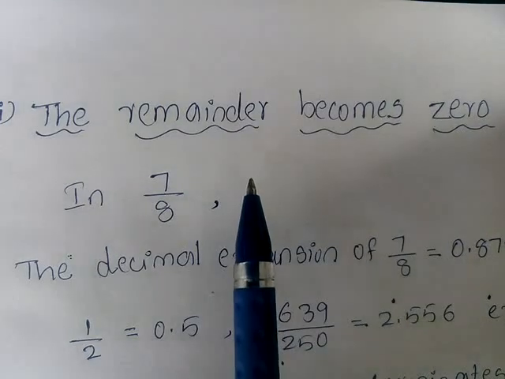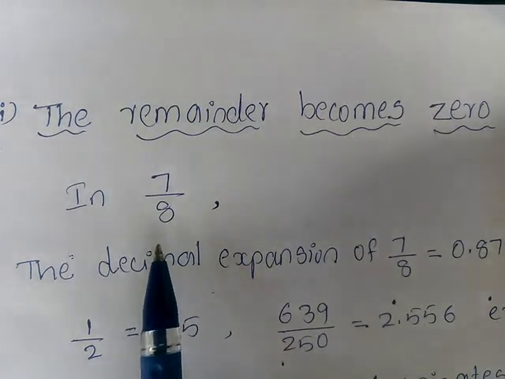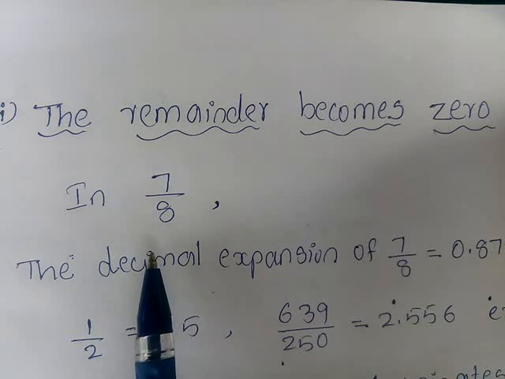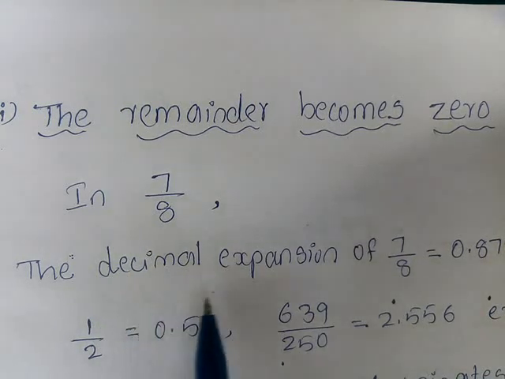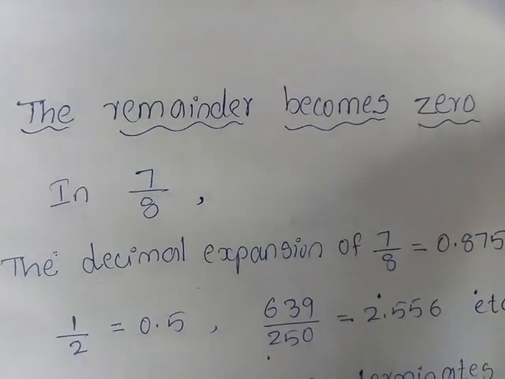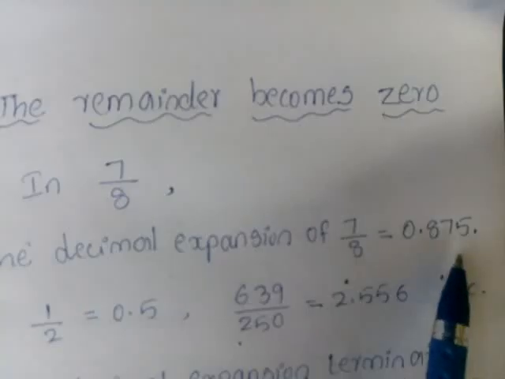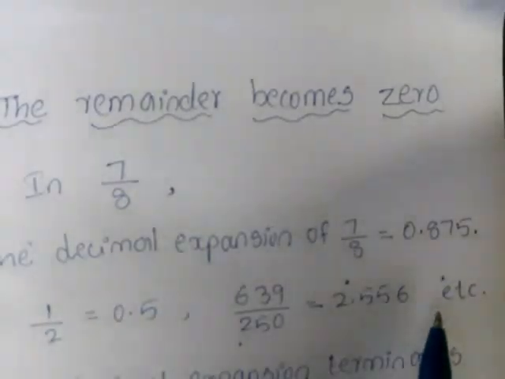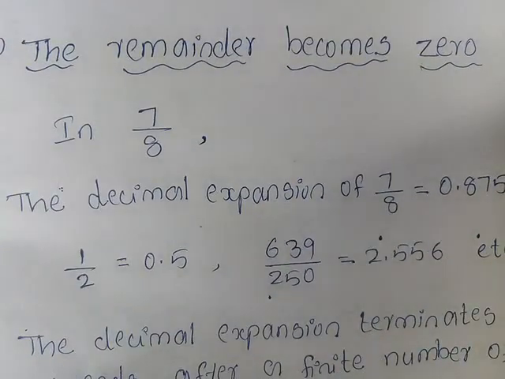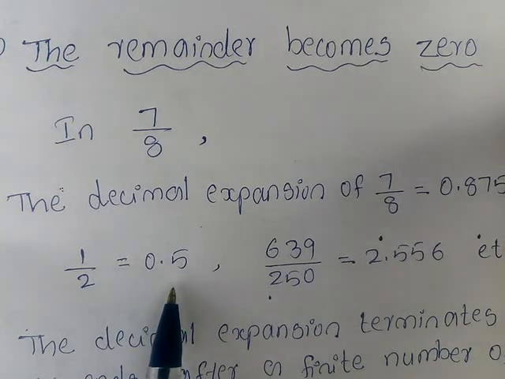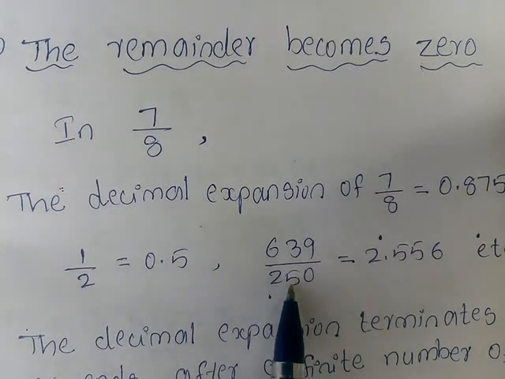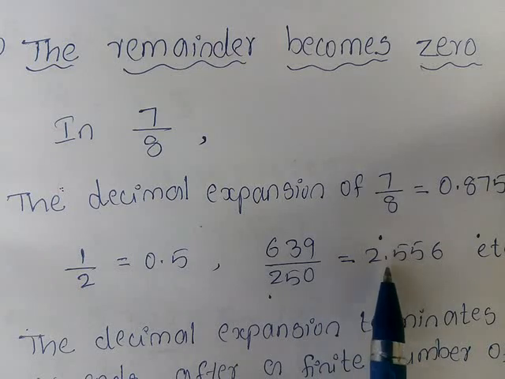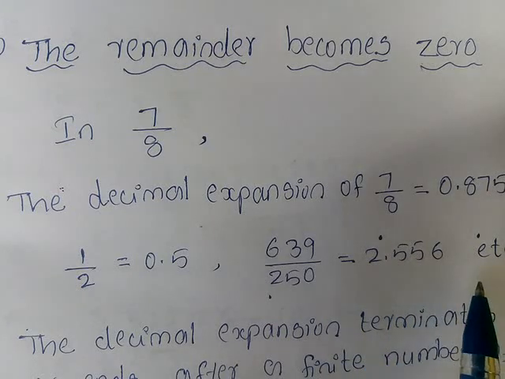In example 7 by 8, we found that the remainder becomes 0 after some steps and the decimal expansion of 7 by 8 is equal to 0.875. Other examples are 1 by 2 is equal to 0.5, 639 by 250 is equal to 2.556, etc.